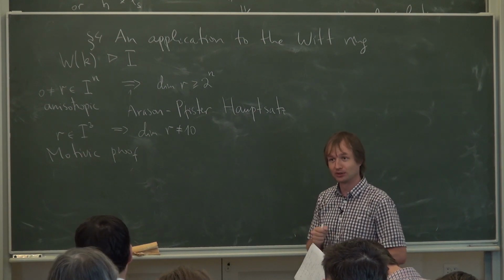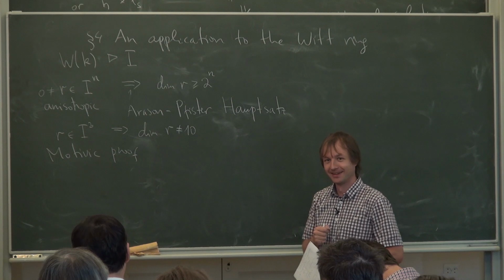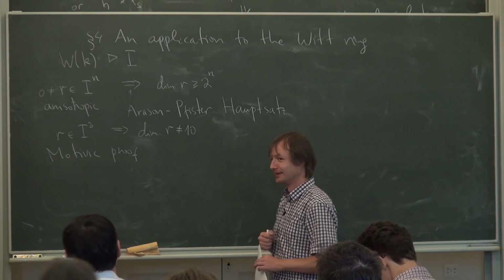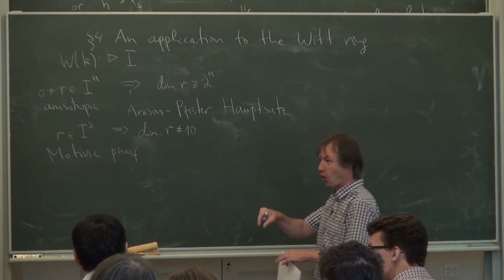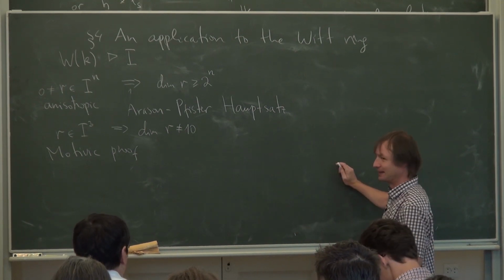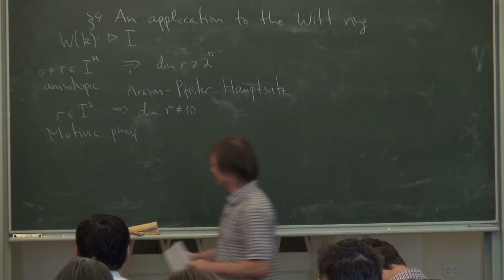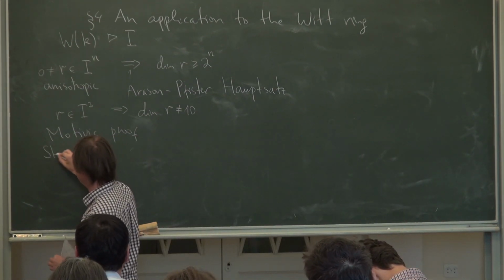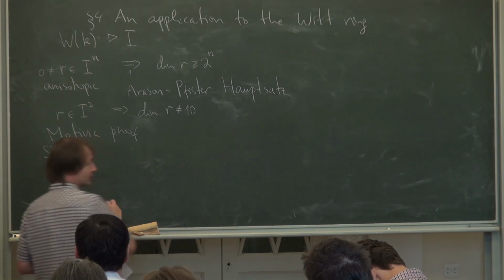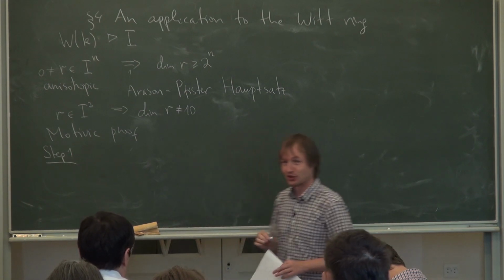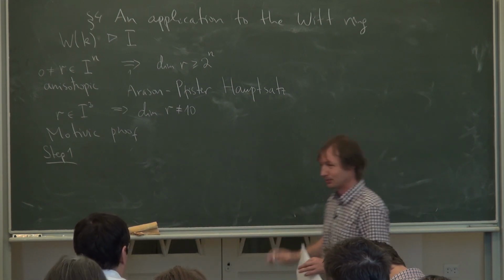And 12 is again possible, but not 10. So there is a gap, or a hole at the beginning. Again, the proof consists of several independent steps. I will start today and finish tomorrow, but the steps are completely independent.